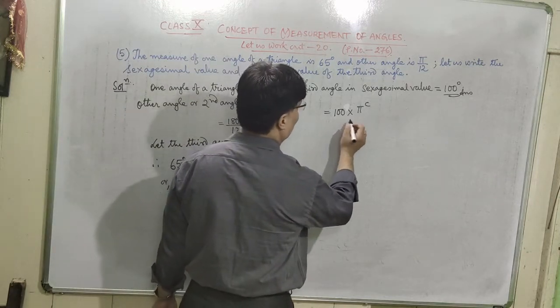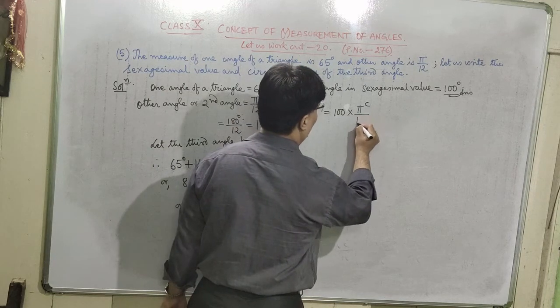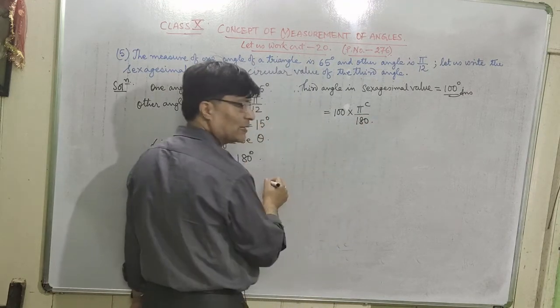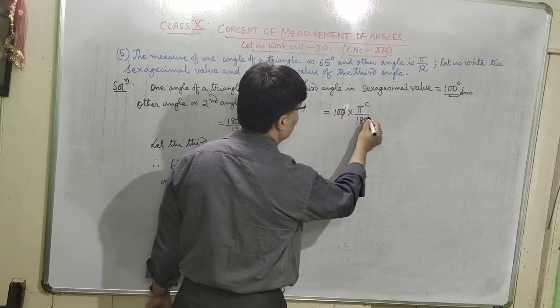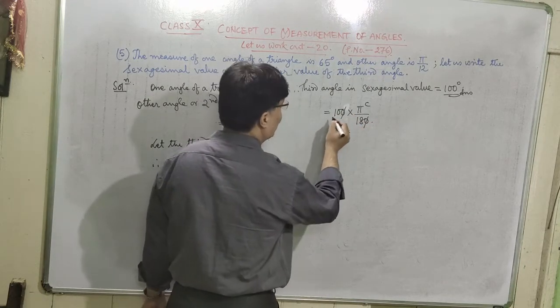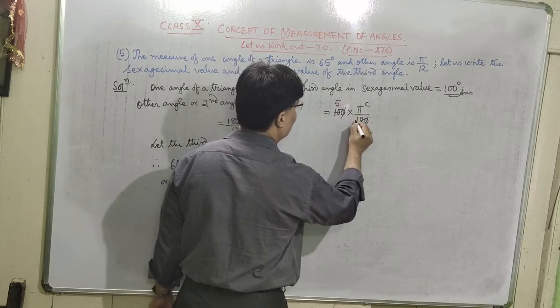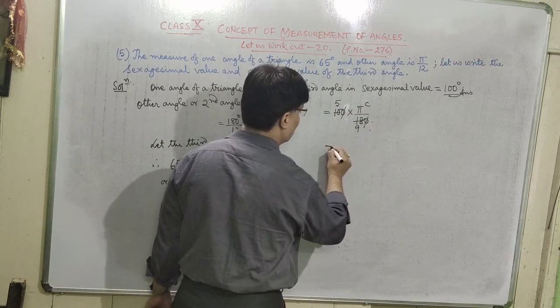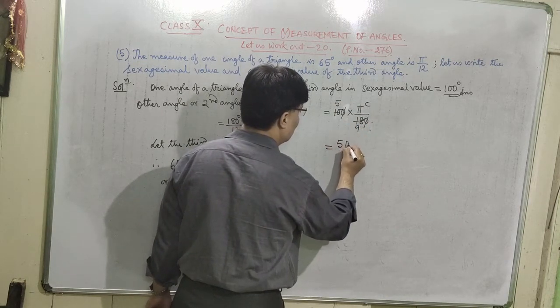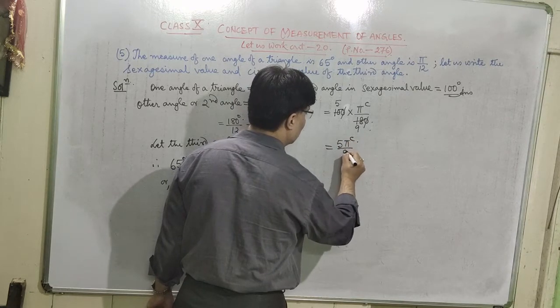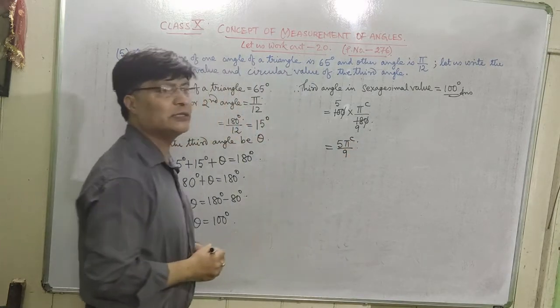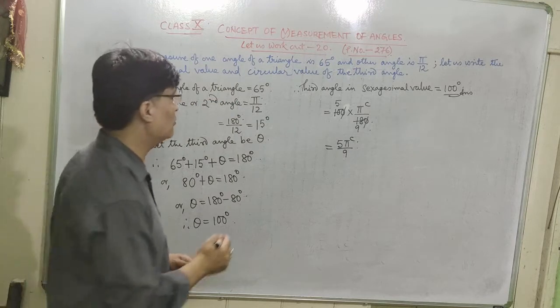So just write only 100 into pi by 180. Is that clear? Here 0, 0 gets cancelled. So you can cancel it by 2. That is 2 fives are 10, 2 nines are 18. Which is equal to, what is the answer? Pi radian divided by 9. So this is in terms of circular value.